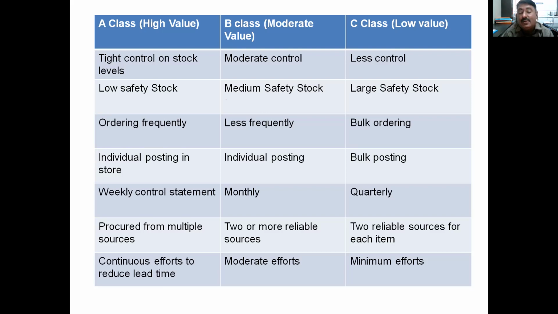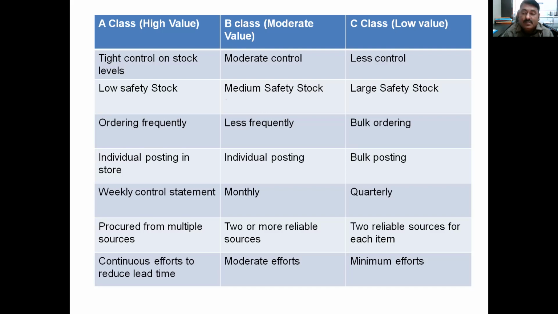Then class A, ordering frequently. Whatever chassis are required, it is our plan to go for 50 per month. If we require 600 once in a year, we are not directly purchasing the items for 2 years, 1200 chassis.